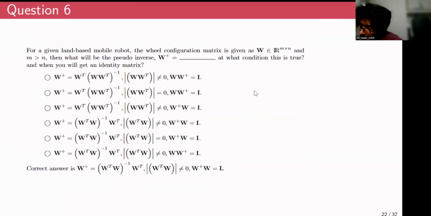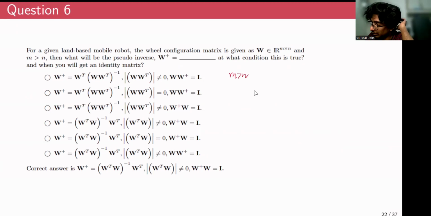For a land-based mobile robot, the wheel configuration matrix is given as so and so. W is an M by N matrix where M is greater than N. Then what will be the pseudo inverse? And what is the pseudo inverse and what condition do we have to maintain for that? We can basically estimate the pseudo inverse.